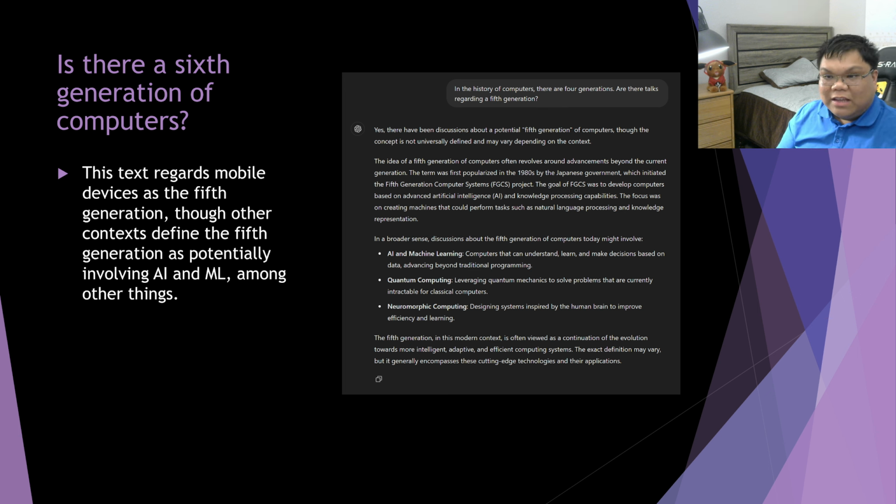But for now, we're going to stick with this. Right now we're at the 4th, maybe 5th generation as defined by mobile devices rather than AI. If we are already at the next generation, we might be at the very earliest stage.